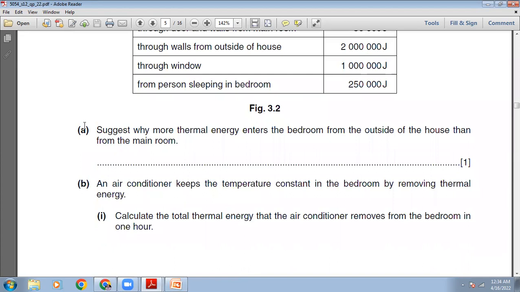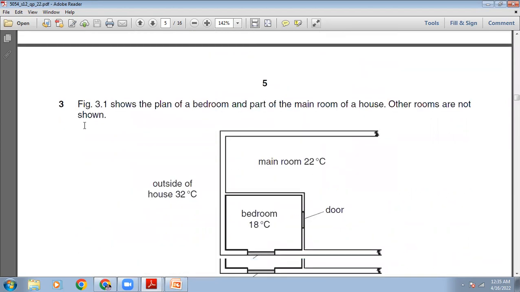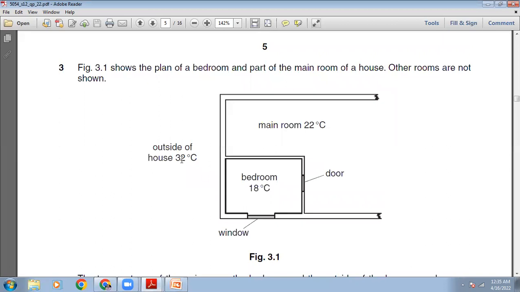Explain why more thermal energy enters the bedroom from outside of the house than from the main room. You see, the temperature difference or temperature gradient between the outside of the house and the bedroom is larger, and the temperature gradient between the main room and the bedroom is less.